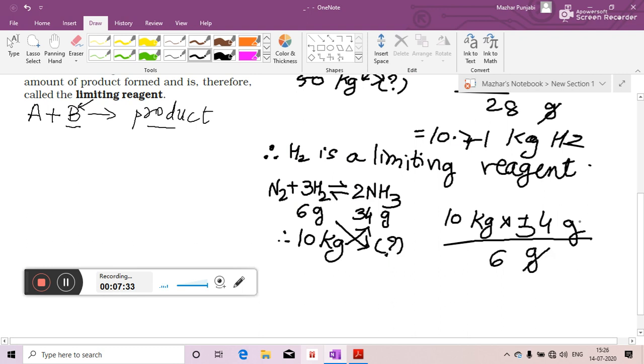Now 10 into 34 divided by 6. So that is equal to 56.7 kilogram ammonia. So this is our answer. So mass of ammonia formed will be 56.7 kilogram.